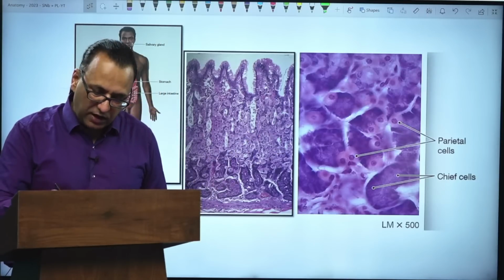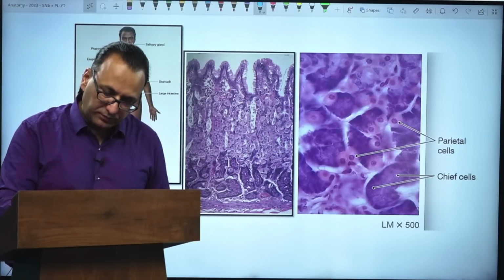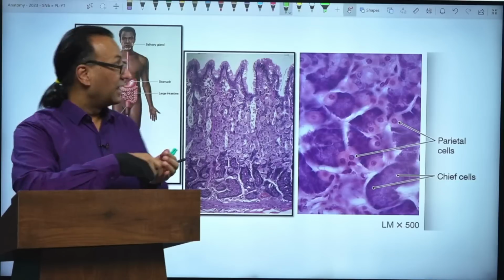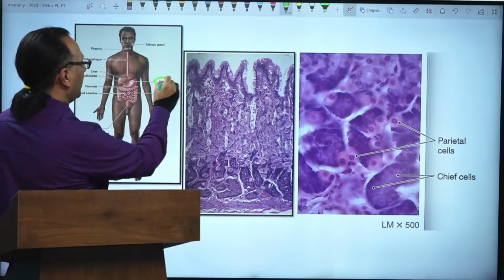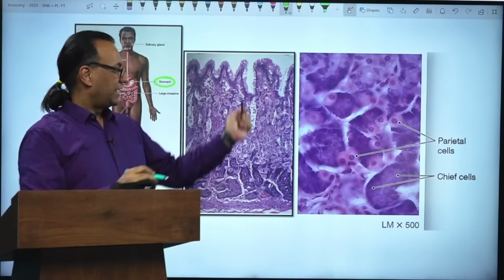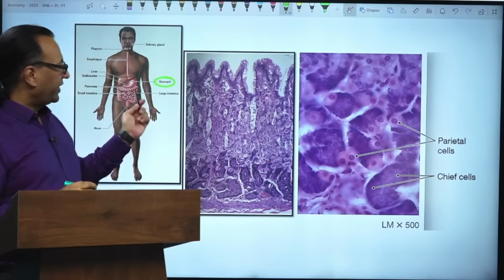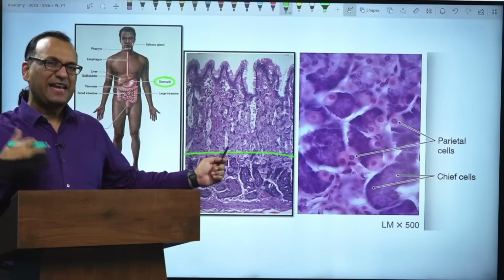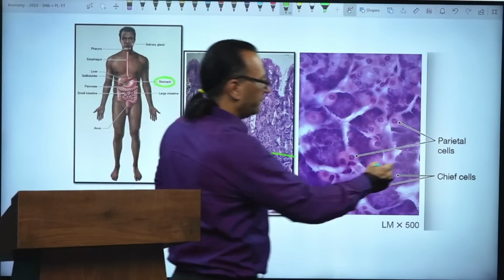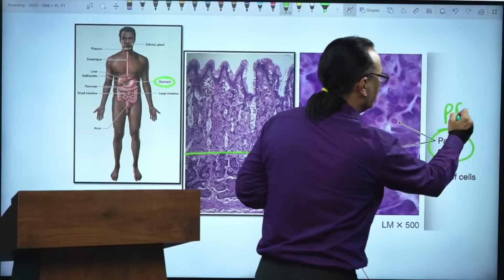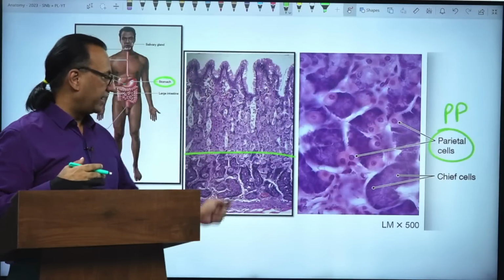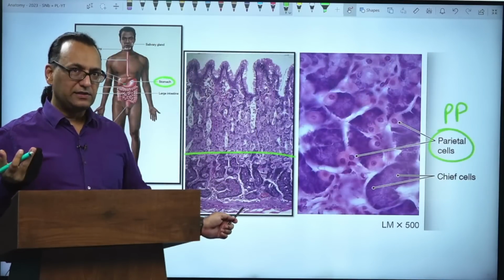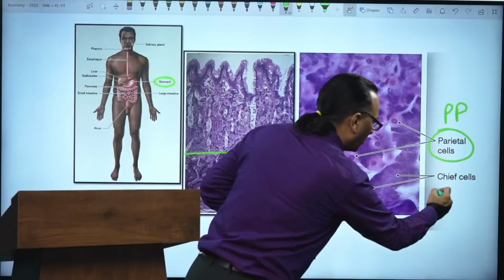See, here we are talking about the stomach, and in the stomach we are having the gastric glands. In the gastric glands, the upper half of the gastric gland will have the pink cell, parietal, PP, pink for parietal, and towards the base of the gastric gland you will have the blue cell, so BB. Now what is this BB?